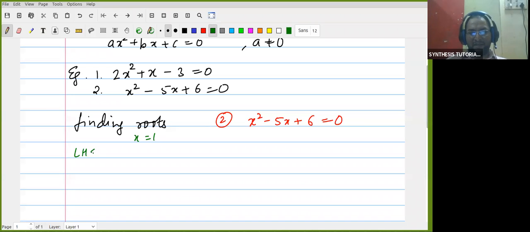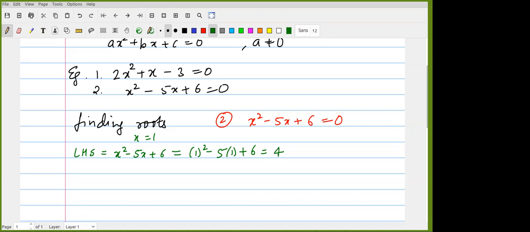Now I'll plug in the values on the left hand side. The left hand side is x square minus 5x plus 6. Instead of x, I put x equal to 1. This will be 1 square minus 5 into 1 plus 6. That will be how much? 4, yes or no? Is it equal to 0?